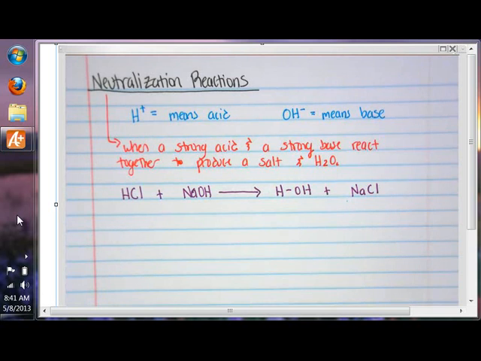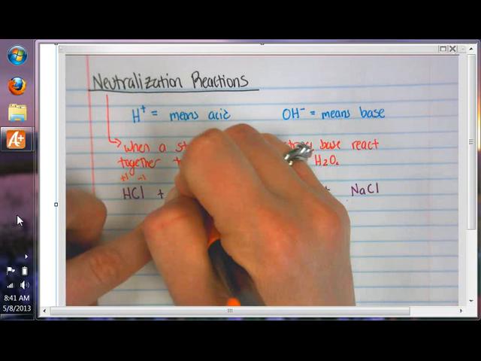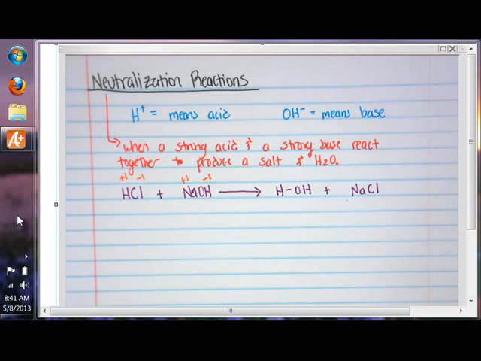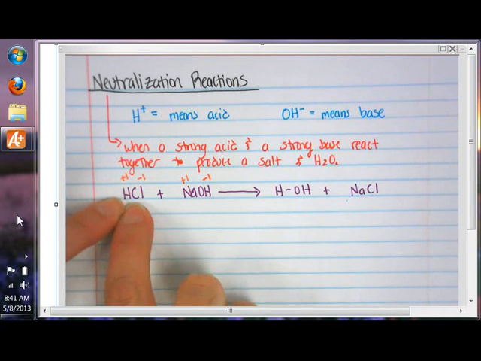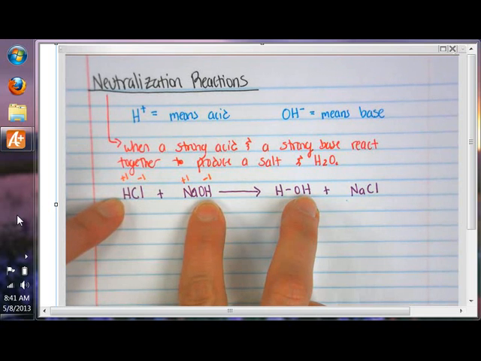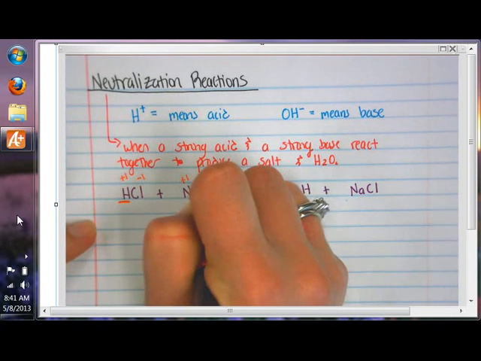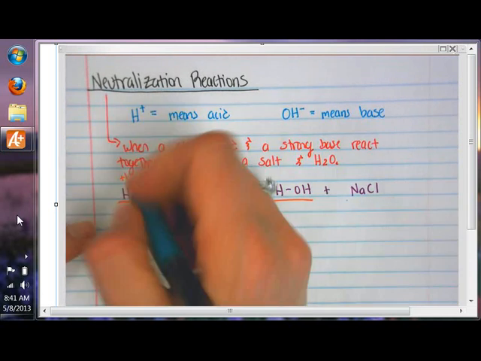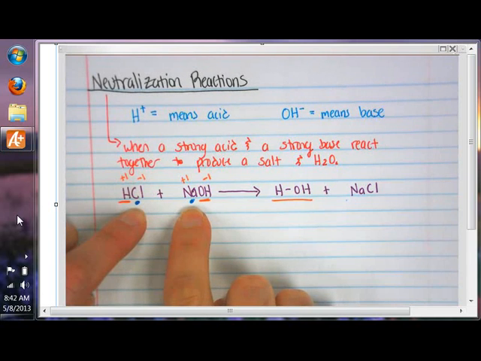So notice hydrogen is +1, chlorine's -1, sodium is +1, and hydroxide is -1. Notice that the positive on one, hydrogen, meets up with the negative on the other, hydroxide. So hydrogen and hydroxide come together to make water. And notice chlorine and sodium come together to make NaCl.